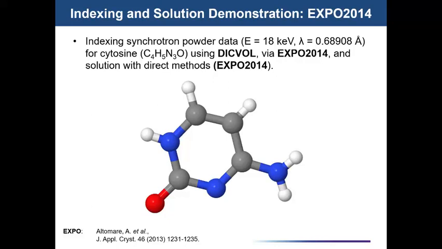Then what we can do is put in the formula. In this case, this is for cytosine, C4H5N3O. And you'll notice I put that formula in parentheses. So it's saying 1 formula unit should occupy a volume of about 127 cubic angstroms.